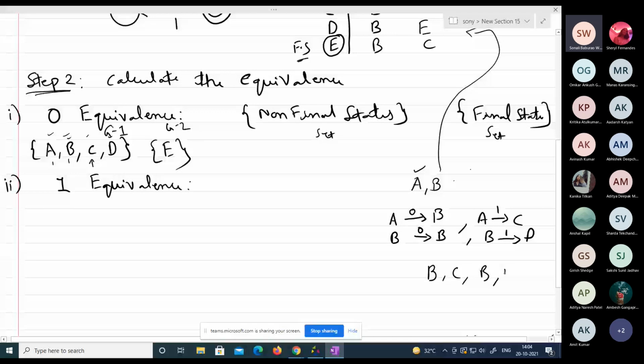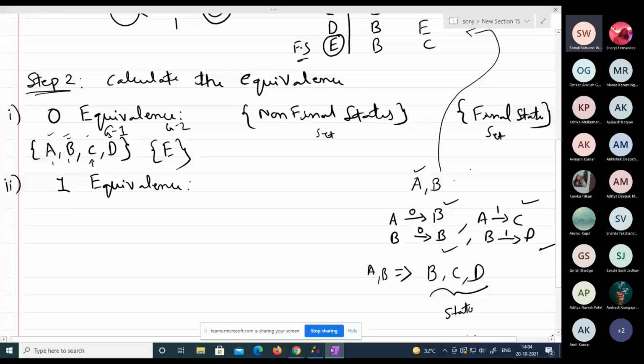BC and BD, so it's one and the same. I don't want any duplication over here, so I'm erasing that. So we have BCD. After performing the equivalence of A comma B, I've got states B, C, D.